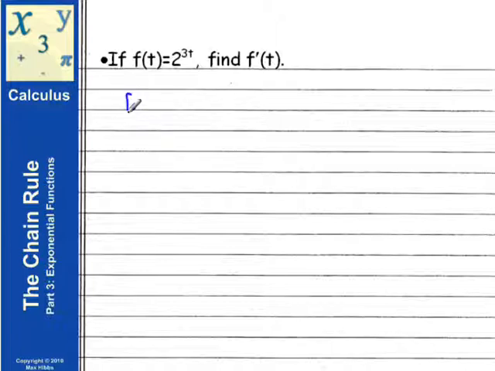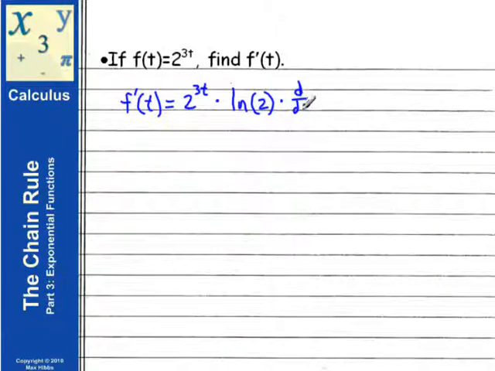Okay, the derivative f prime of t of some constant to a power will be the same constant to the same power. So we'll have exactly the same expression here, but then we multiply it with the natural logarithm of the base, and in this case that base is 2, so times the natural logarithm of 2, and then we have to multiply it with the derivative of the exponent.